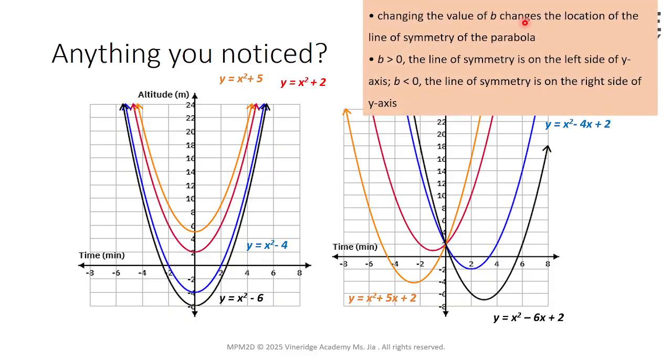So changing the value of b changes the location of the line of symmetry of the parabola. Remember, the line of symmetry is the middle line that dissects the parabola into two mirror images, two halves. When b is greater than 0, the line of symmetry is on the left side of the y-axis. For example, with plus 2x, your line of symmetry is over here, on the left side of the y-axis.